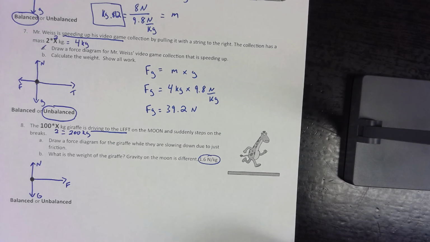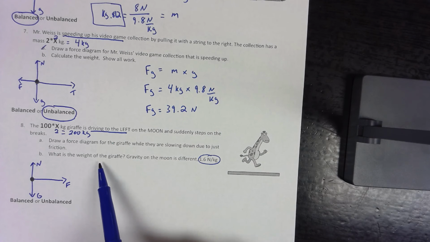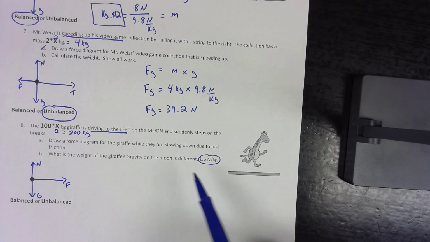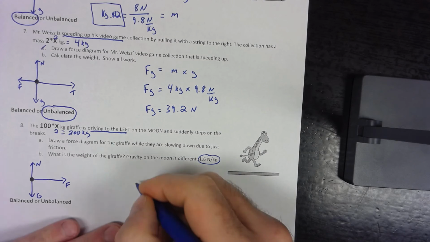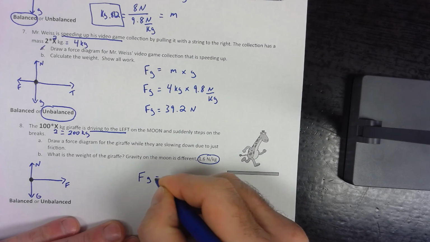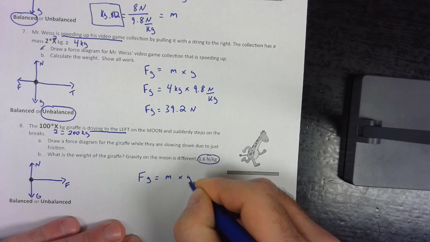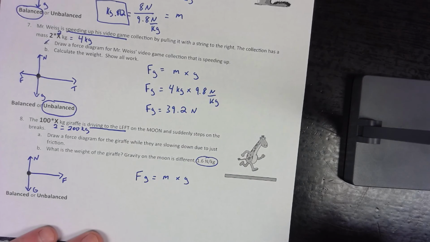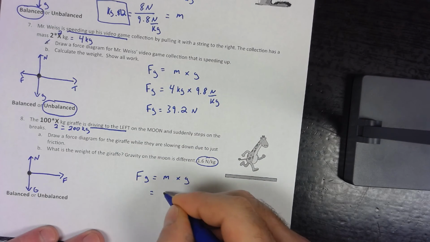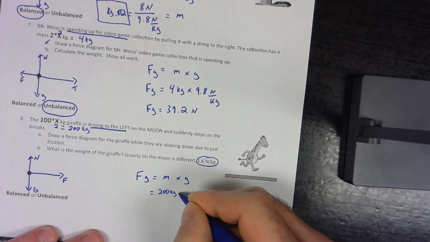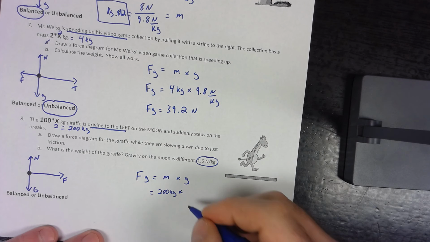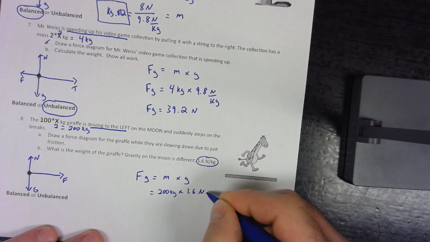All right, last part here. Let's look at part B. What is the weight of the giraffe? Gravity on the moon is different, and it is 1.6 newtons per kilogram. So we're going to use the same equation. Fg equals mass times g. We know the mass of the giraffe is 200 kilograms. And we also know the gravitational pull is 1.6 newtons per kilogram.